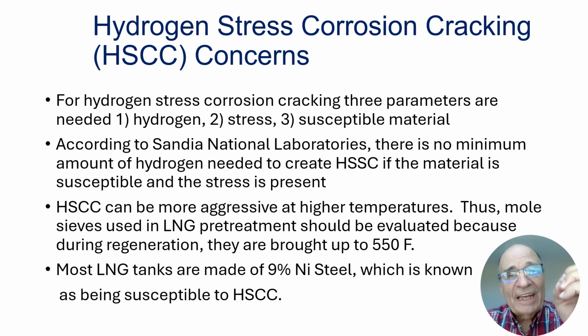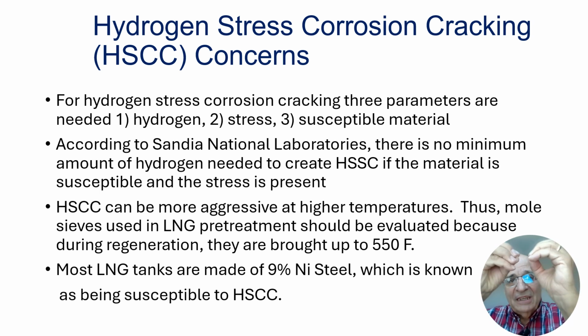A single hydrogen atom is nothing more than a proton with an electron. It is extremely small. It slivers between the other molecules of the material and meets up with another hydrogen atom and becomes a hydrogen molecule again. And now that adds a gas pocket within the material.